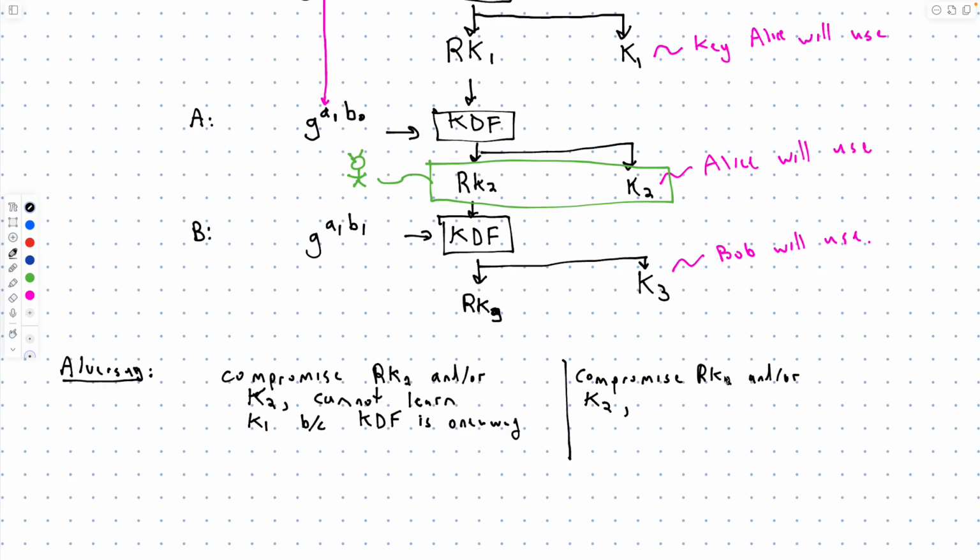So if these two are compromised, I cannot learn K3, because I cannot learn g^(A1B1).